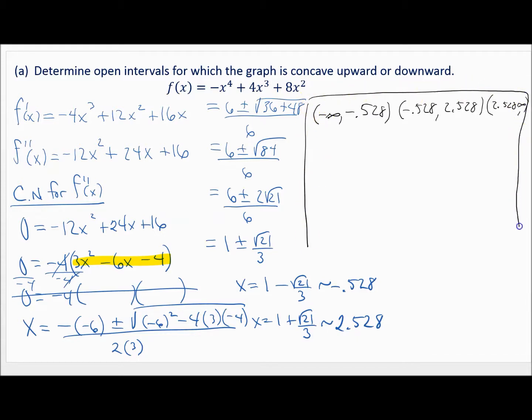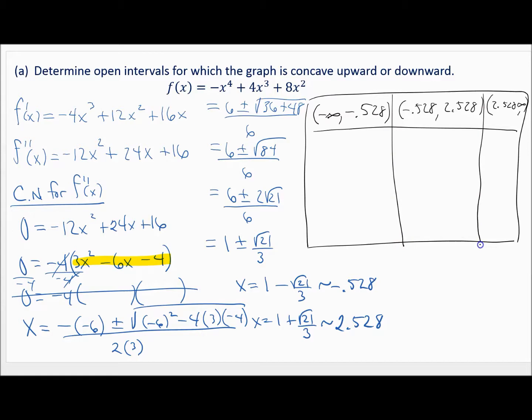Now this table works just like the last table, but this is for the second derivative. So what I'm going to do is pick a test point in that interval. The next thing I'm going to do is plug that into the second derivative and then come up with a conclusion. And remember, my conclusion is, is it concave upward or is it concave downward?